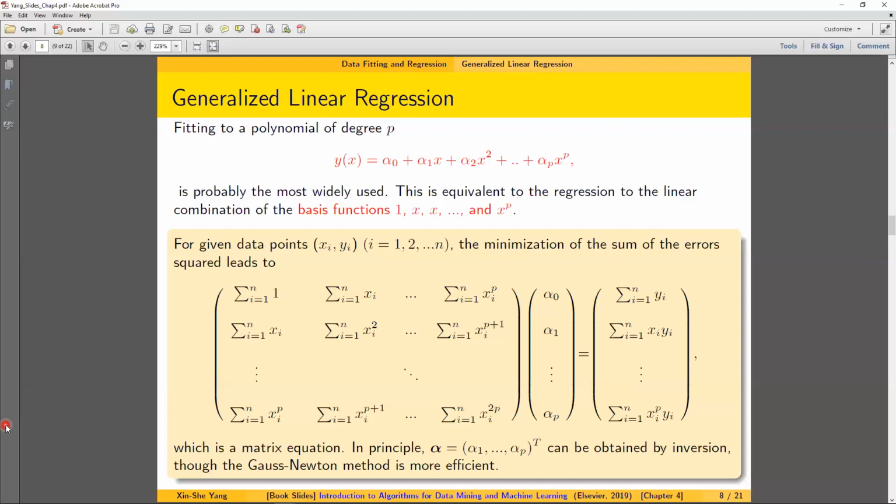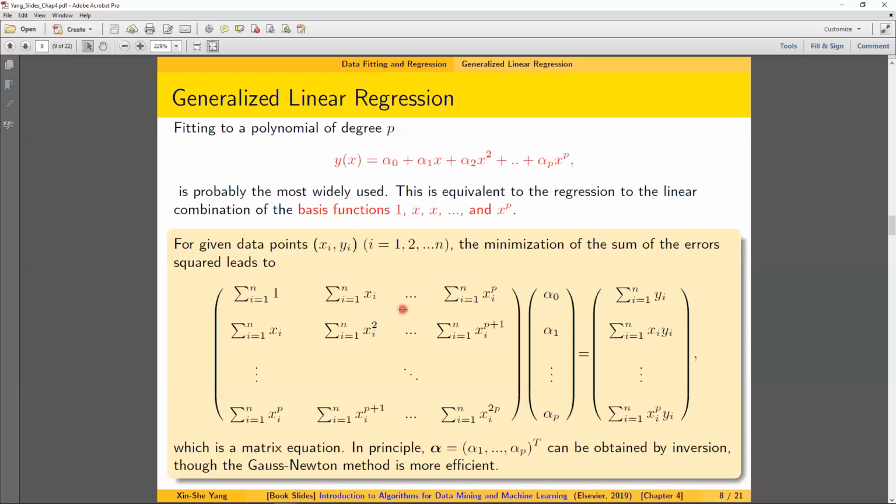It's more efficient. So let's see what's the construct of this matrix. On the left-hand side, in terms of the row, the first row is the sum of 1, just because we also need this alpha 0 estimate. And then the second element in the first row is the sum of all the xi.